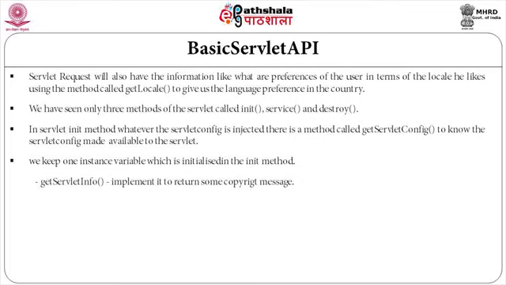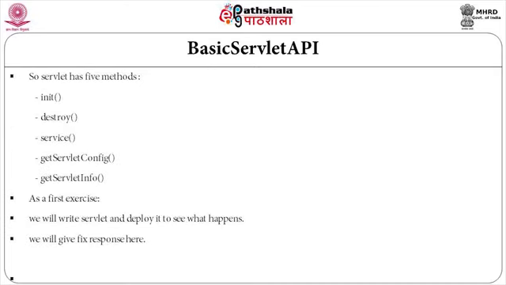What we have seen, servlet config has 4 methods: getServletContext, getInitParameterNames, getInitParameter, getServletName. Servlet has 5 methods. 3 of those were the lifecycle methods: the init method with servlet config as parameter, the service method with servlet request and servlet response as parameters, and the destroy method without any parameter.